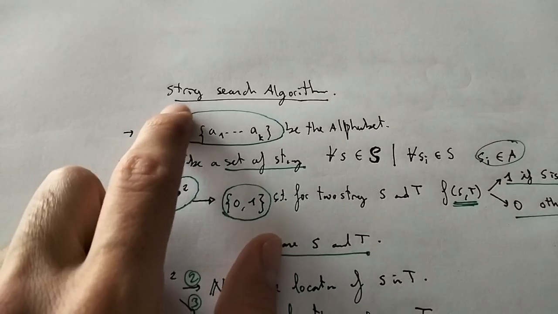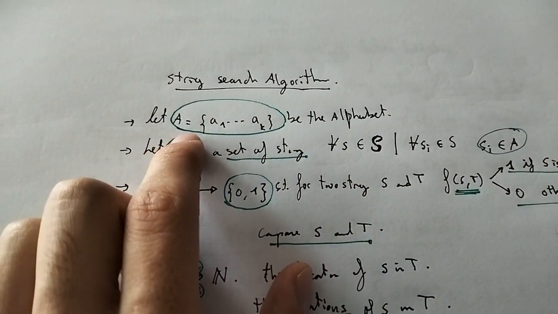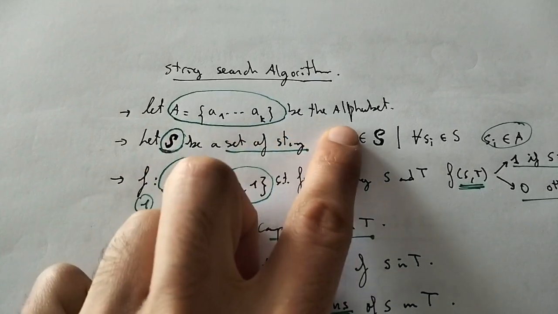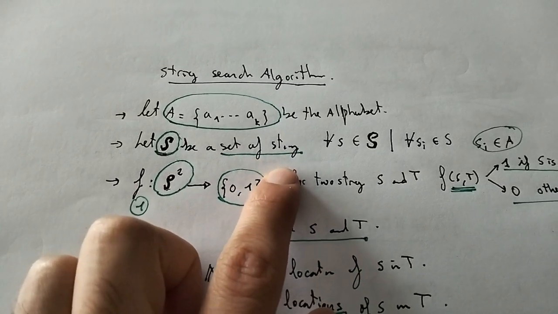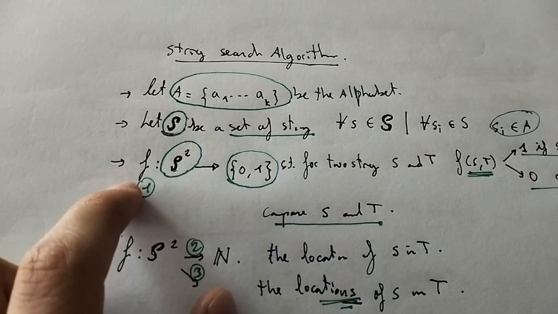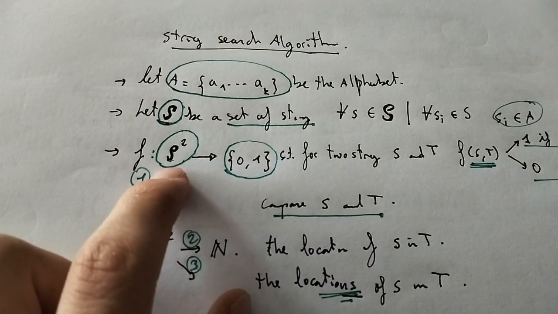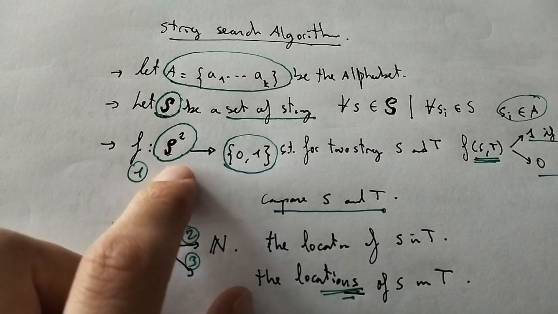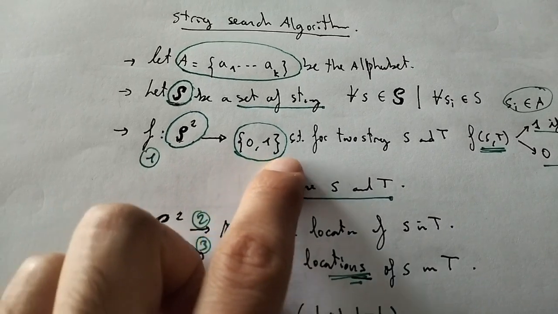We have also defined what is a string search algorithm. So we have defined it first through the definition of the alphabet, and also the set of all possible strings defined in the given alphabet. And then we have said that a string search algorithm is a function f that will take two strings and will output 0 or 1.